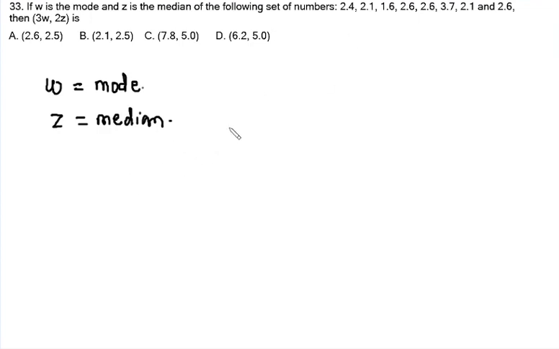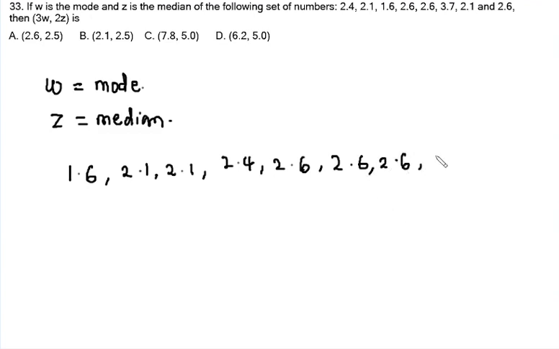So in ascending order, the first one is 1.6, next one is 2.1, we have two 2.1s, and then we have 2.4, and then next is 2.6, 2.6, and then the next is 2.6, and then the next is 3.7. We have 1, 2, 3, 4, 5, 6, 7, 8 numbers.